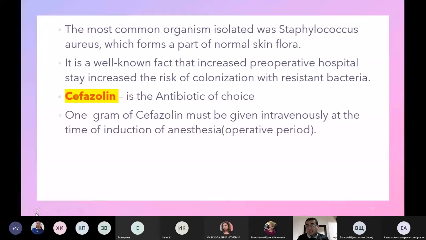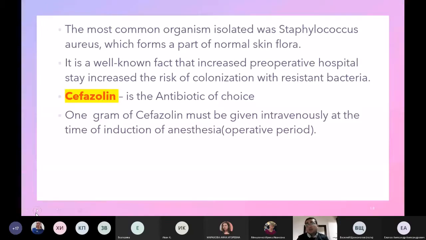The most common organism isolated was Staphylococcus aureus, which forms a part of normal skin flora. It is a well-known fact that increased preoperative hospital stay increases the risk of colonization with resistant bacteria.